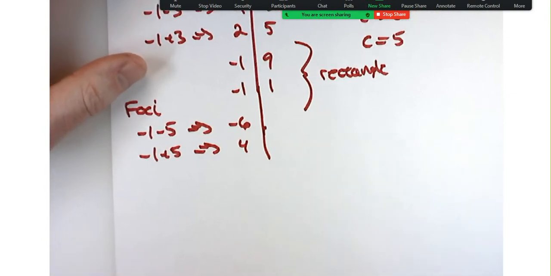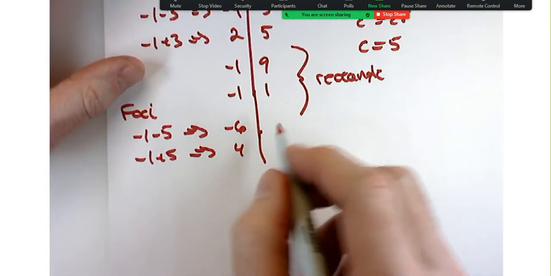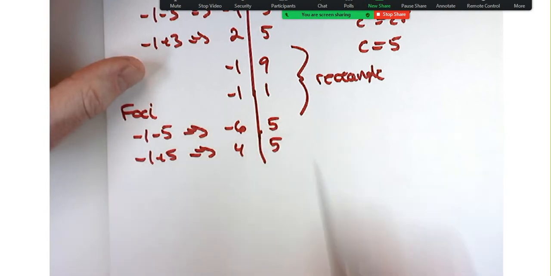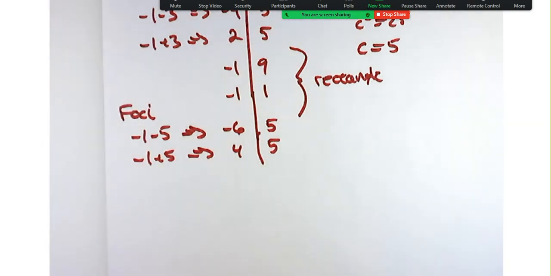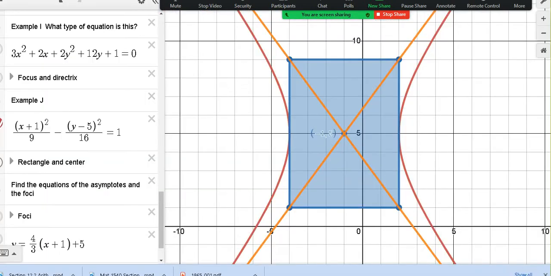The y coordinate of the center didn't change. So there's my foci, negative 6, 5, and 4, 5. Perfect. The last thing that I'm going to ask you to do is find the equation of the asymptotes.